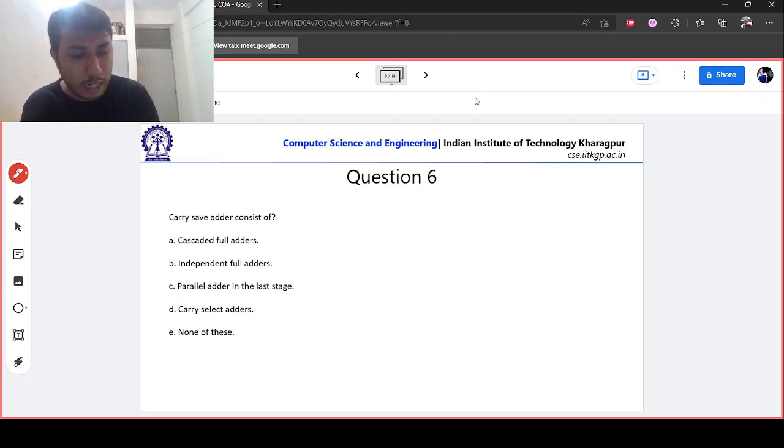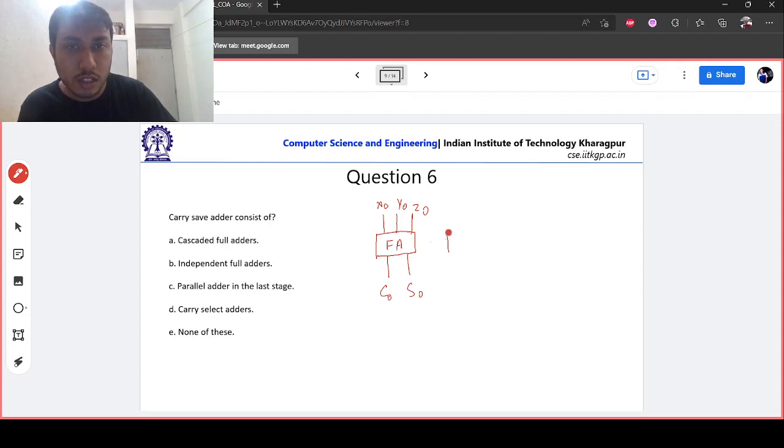So what is a carry save adder? If you look at a carry save adder, it will look like this: x0, y0, z0 go into a full adder, which generates C0 and S0, carry and sum.